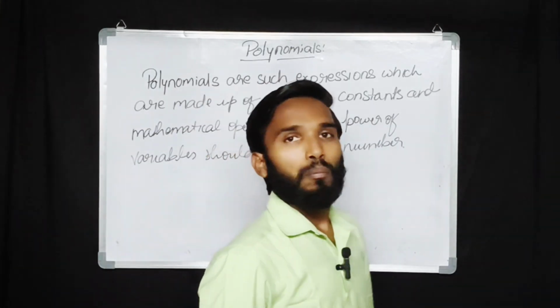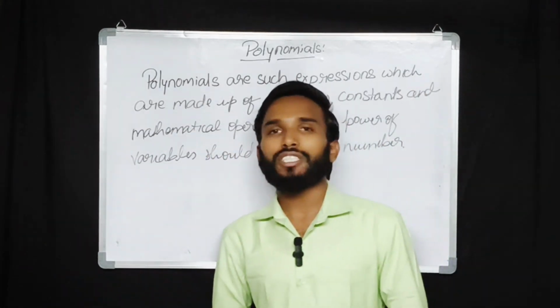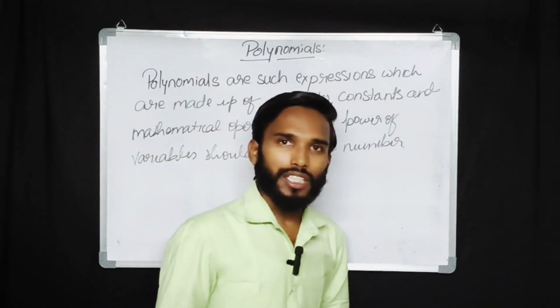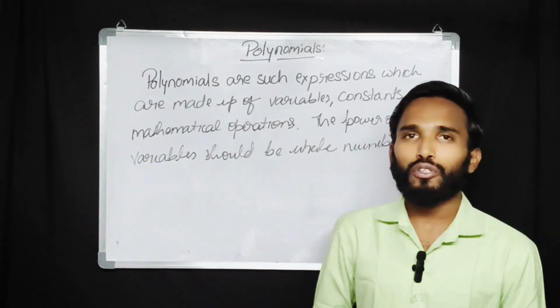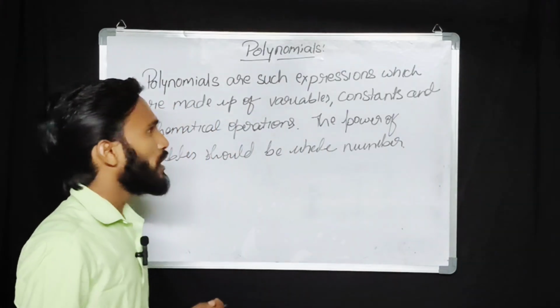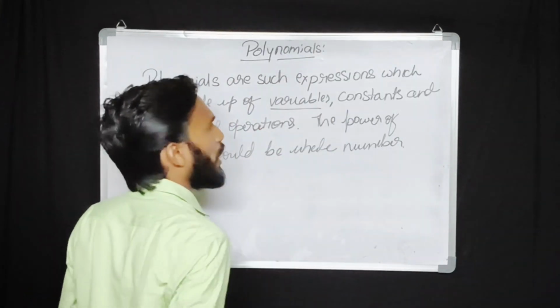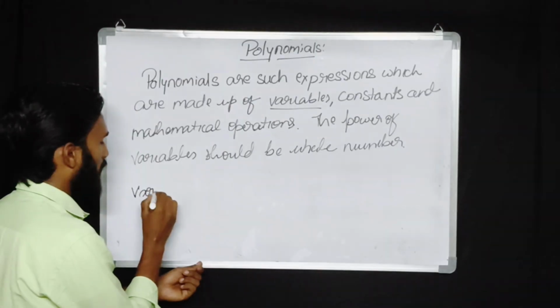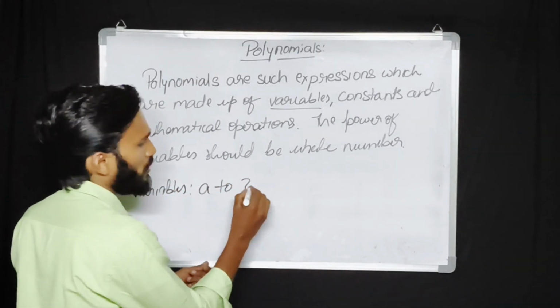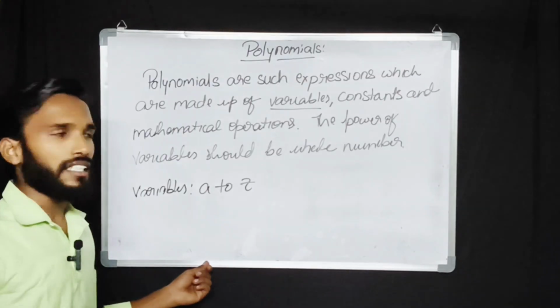A polynomial is an expression which is made up of constants, variables and mathematical operations, and the power of the variable should be positive, nothing but whole numbers. What is the first term? Variables. Variables are nothing but alphabets A to Z; we can use any letter.